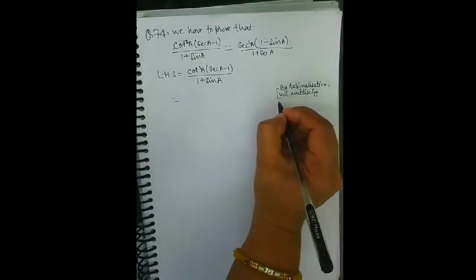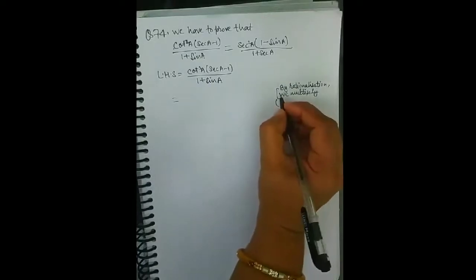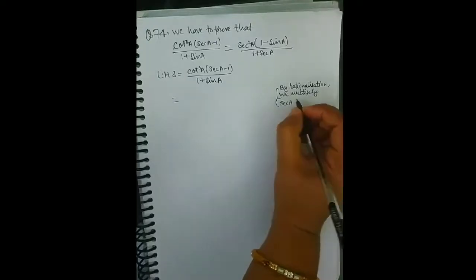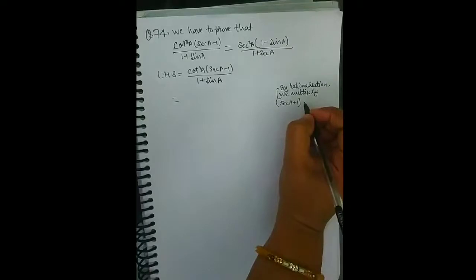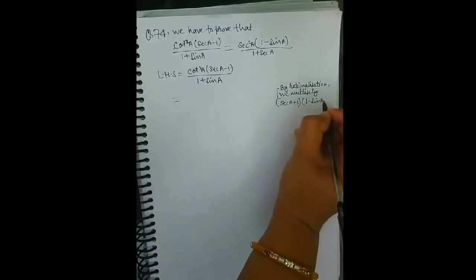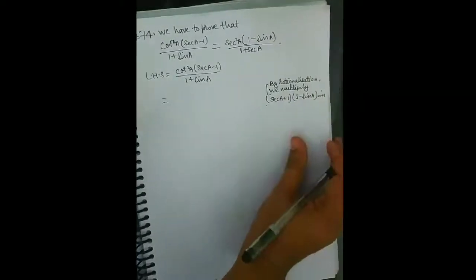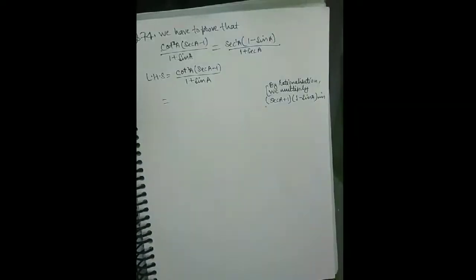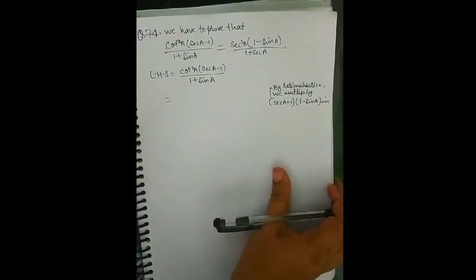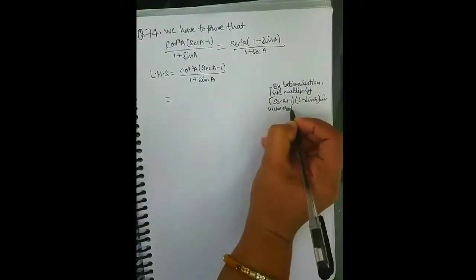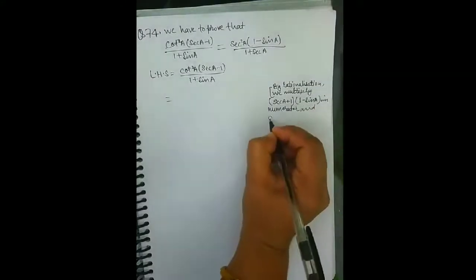We multiply sec A plus 1 into 1 minus sin A in numerator and denominator.